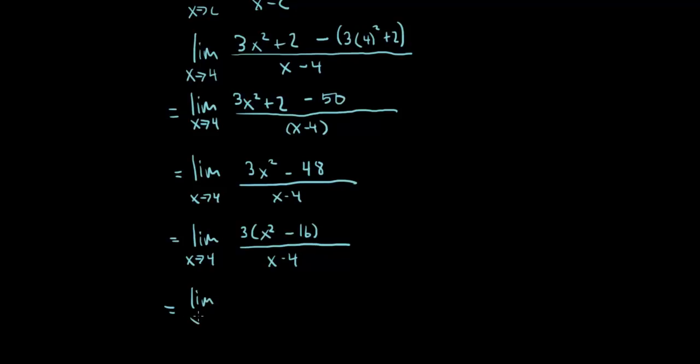Limit as x approaches 4. Okay, on the numerator we still have that 3. Now, remember, this is the difference of two squares, back from college algebra or pre-algebra. That factors as x minus 4 times x plus 4 over x minus 4. Now notice, we have a factor there and a factor there.